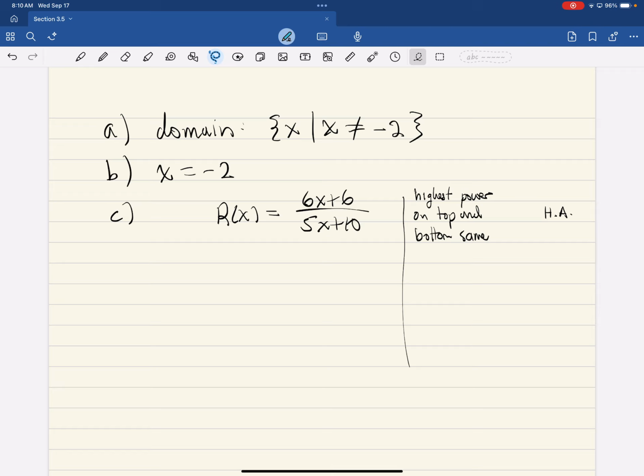As x gets really large, the top and the bottom are growing at a similar rate, whereas the 6 and the 10 stop really mattering as x gets huge. They're not going to make much of a difference. And so we can just ignore everything except the highest power term.